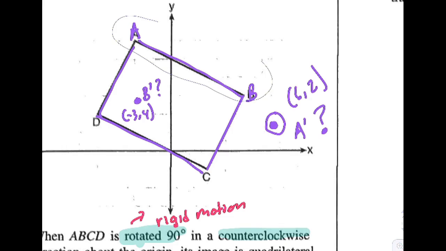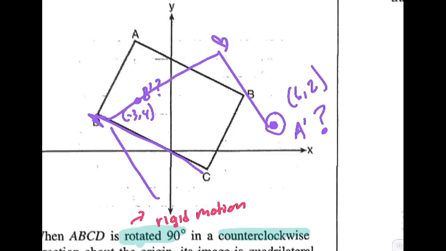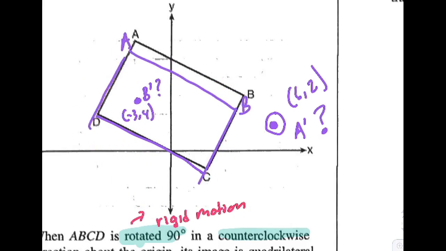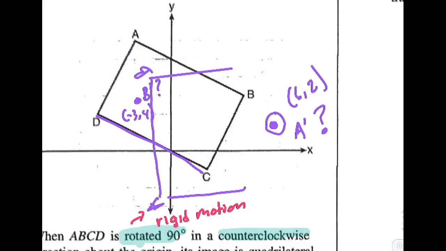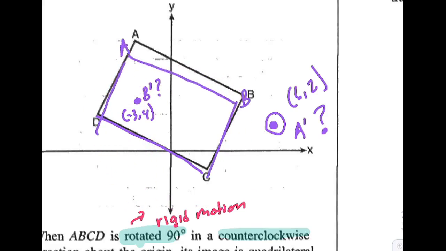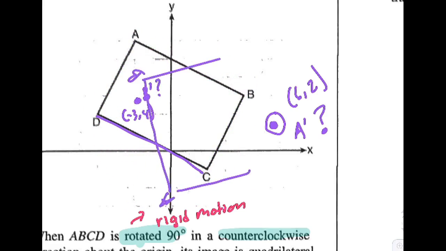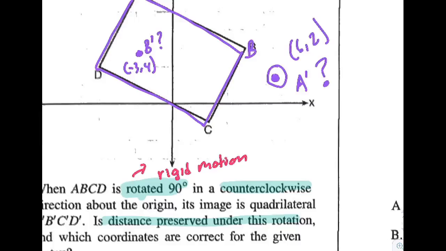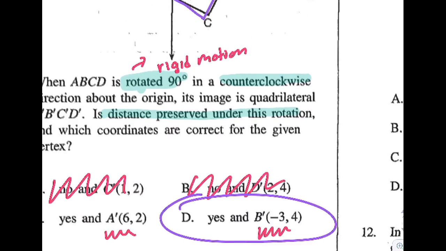Now when I rotate this, does it make sense when I rotate 90 that A is 6, 2, or that B is negative 3, 4? You can see by rotating, B is the one that makes sense. It's going to land at negative 3, 4. A is nowhere near this area at all. So the answer is that.